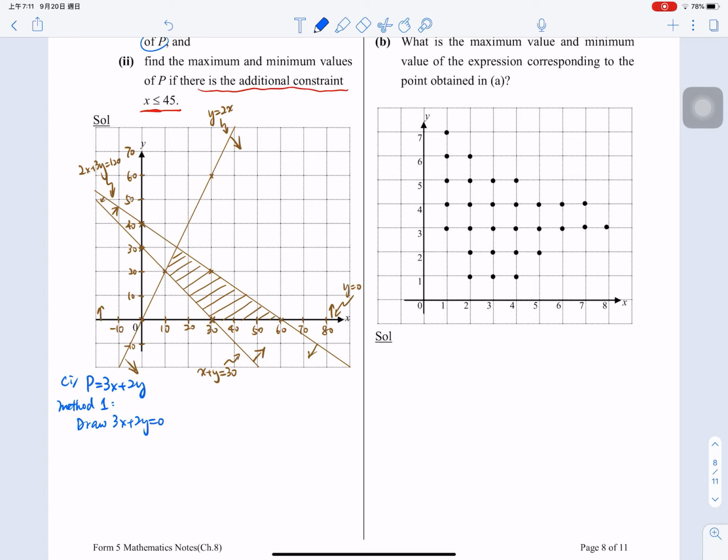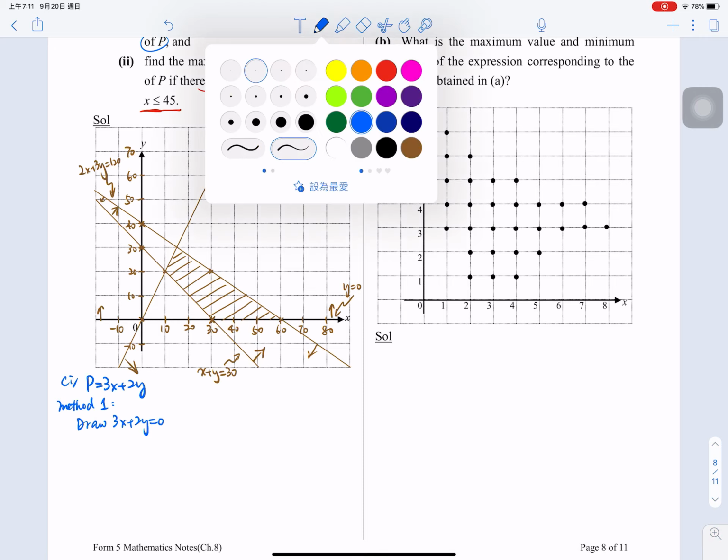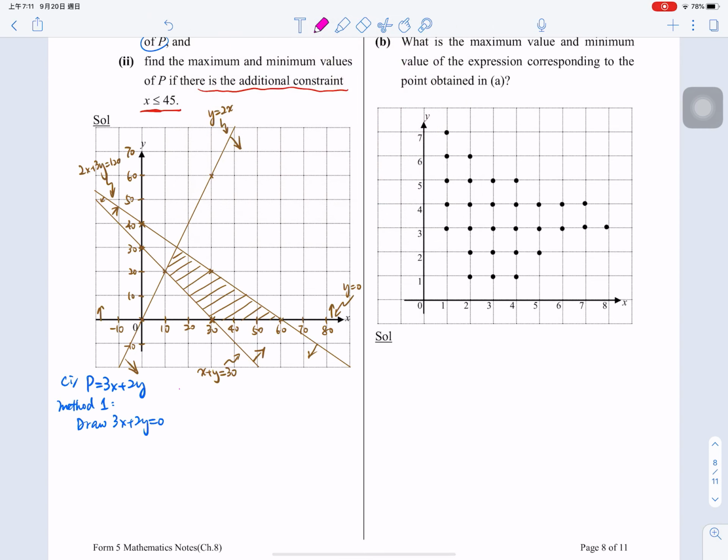So for this one, if you rearrange it, let me use another color. So 3x equals negative 2y, then y over x equals 3 over negative 2, right? So you have 2 points, negative 2, 3, and 2, negative 3, right?